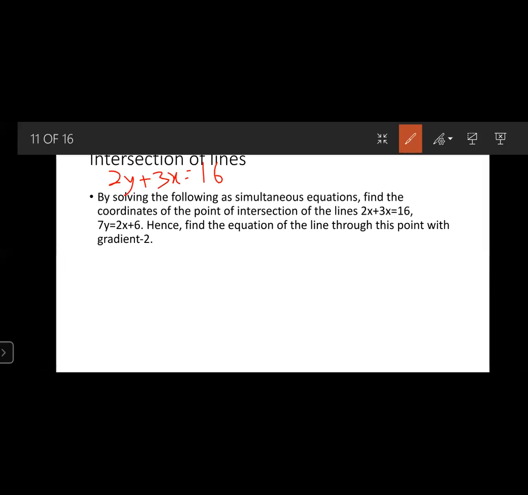So I have 2y plus 3x equals 16. To solve it with the second, if I rewrite that one, I have 7y minus 2x equals 6. I so much love elimination.